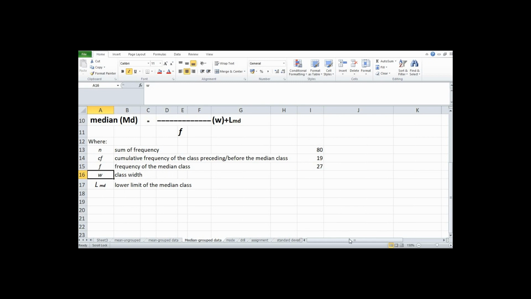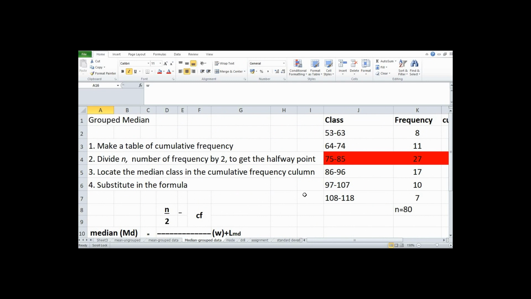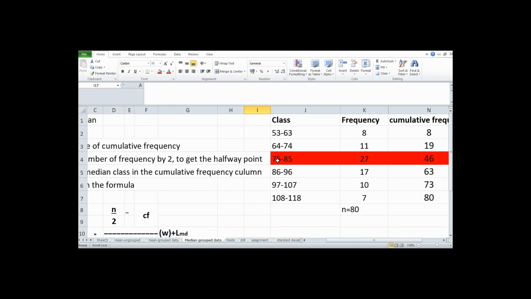And the class width, how to get the class width? Simply subtract the lower limit of the first class and the lower limit of the second class, which is, our class width is 11. And for our LMD, or the lower limit of the median class, we have the value of 75.